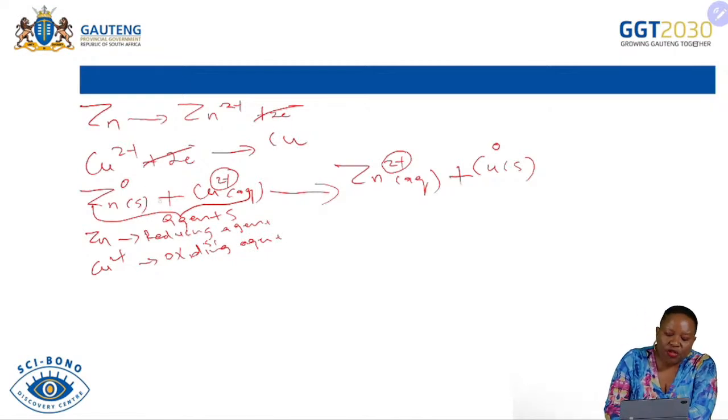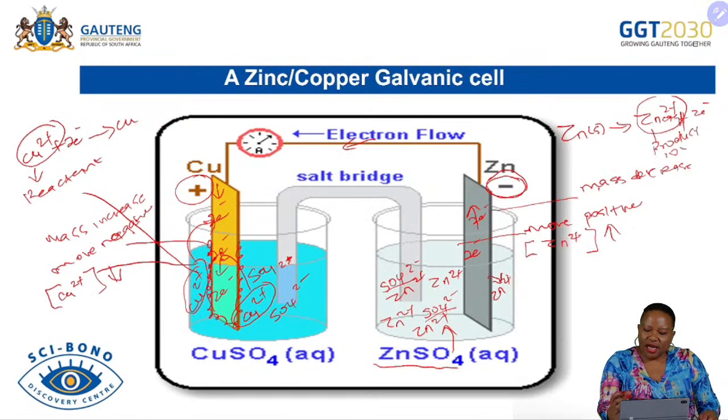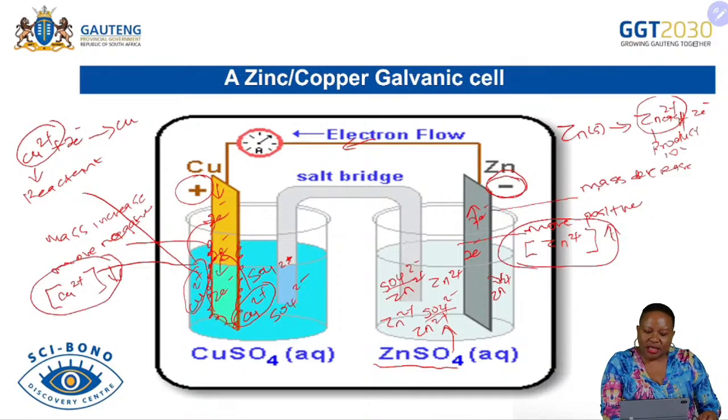Now in terms of the ions, we can see there are ions here and there are ions here. These are the ions on the side of the reactants, and these are the ions on the side of the product. So we are asking what will happen to the two ions when the cell is in operation. I think we have seen that the concentration of the zinc ions was increasing and the concentration of the copper ion was decreasing.